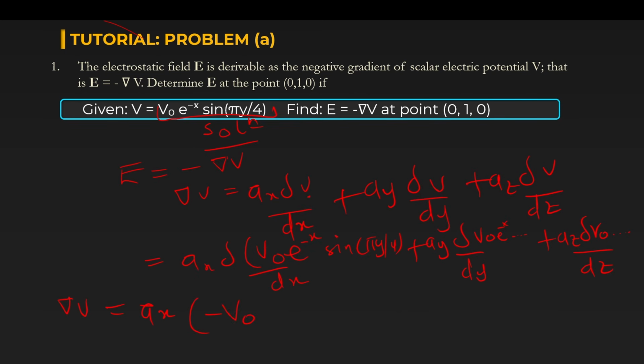Negative V naught e to the negative x sine pi y on 4. Then with respect to y, we are going to get the derivative of the sine term.